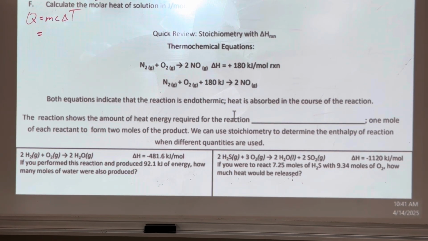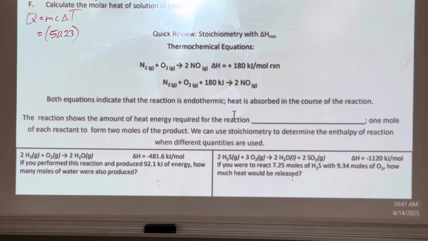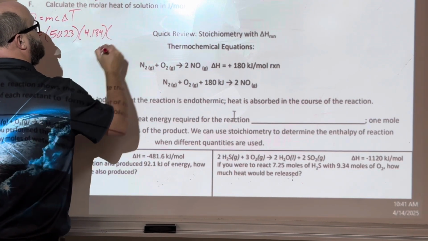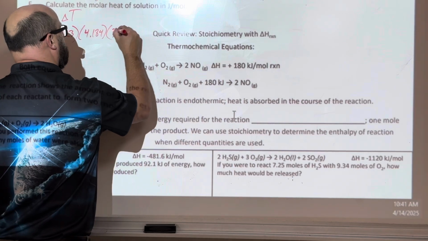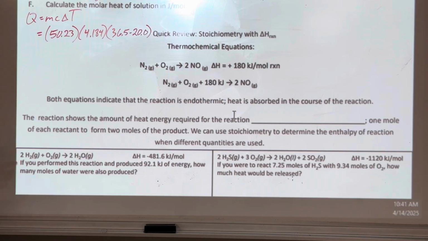And then it wants the total of the solution, which is 50.23, times 4.18, times the change in temperature, which was 36.5 minus 20, right? We've already found these from the previous steps.